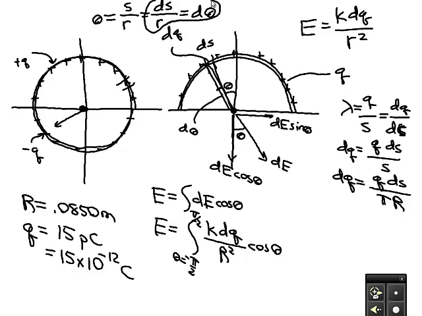But by the definition of radian then, d theta, the tiny little angle, is equal to the arc length, ds, divided by r. So instead of saying ds, we're going to say r times d theta. And I'll use the big R. So back here, we're going to say dq is q times r d theta.